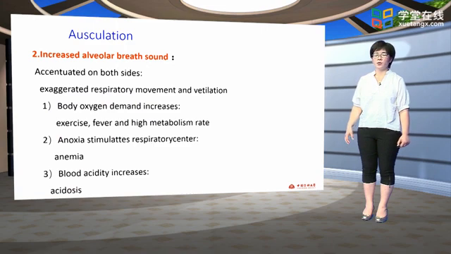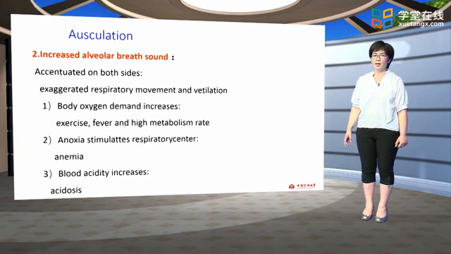So when you do the auscultation, the breath sound is increased. Sometimes you have fever or a high metabolism rate, and also you need more oxygen, so you breathe more deeply and more quickly. The sound is also increased.